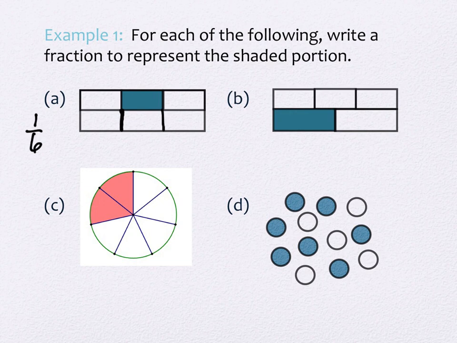How about B? How much is shaded in? It should be 1/4. Kind of looks like it's 1/5. There's 5 boxes. But again, they're not equal in size, right?